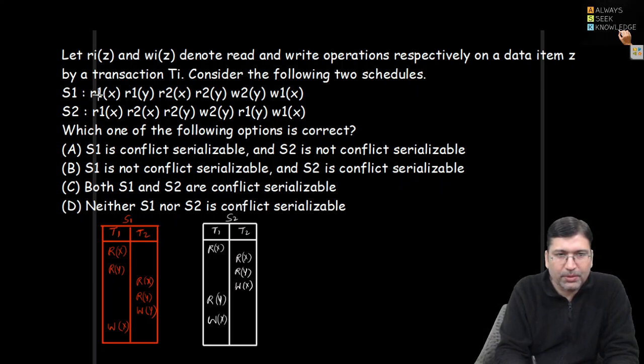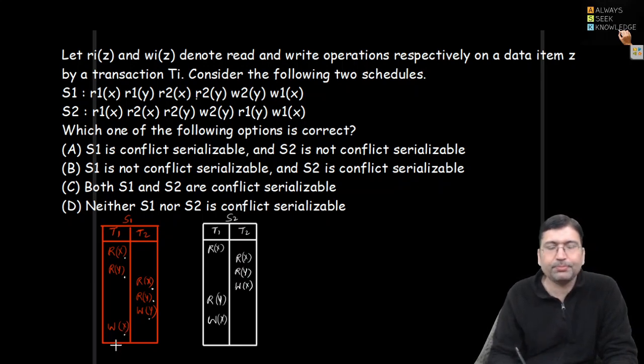The very first operation is a read operation on X by transaction T1. So I have written here read operation on X by T1. Then the next is read operation on Y. Read operation on X by T2 transaction. Read operation on Y by T2. And then write operation on Y by T2. And write operation on X by T1.